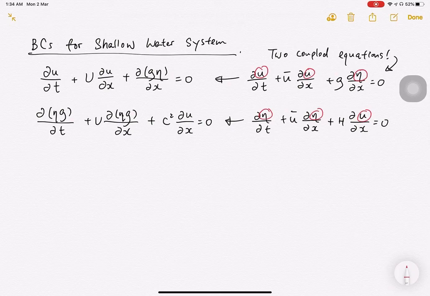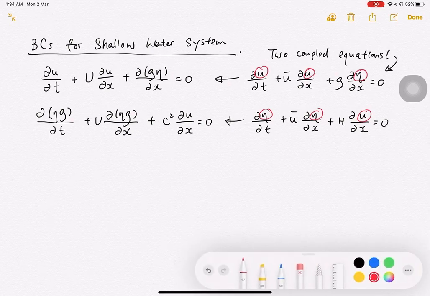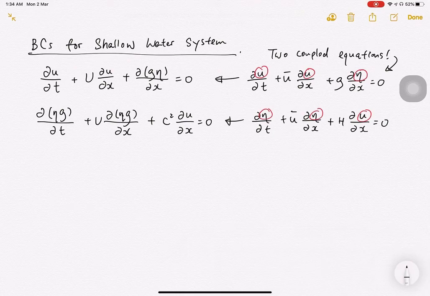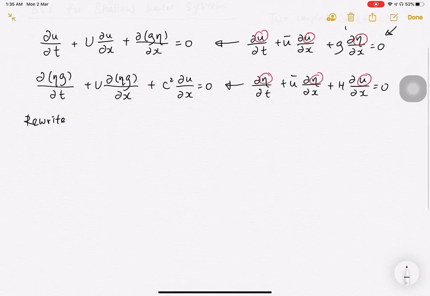So we will now apply a method to decouple them. We want to separate them into two variables and two equations. How do we do that? We can rewrite the equation into the matrix form.